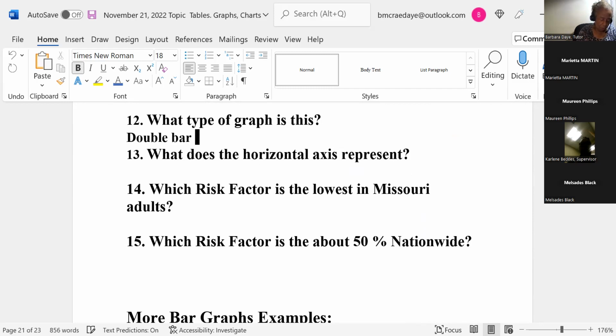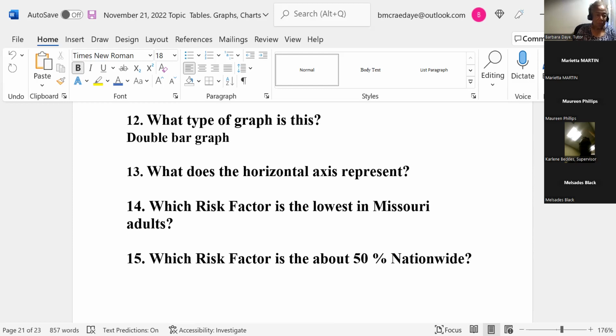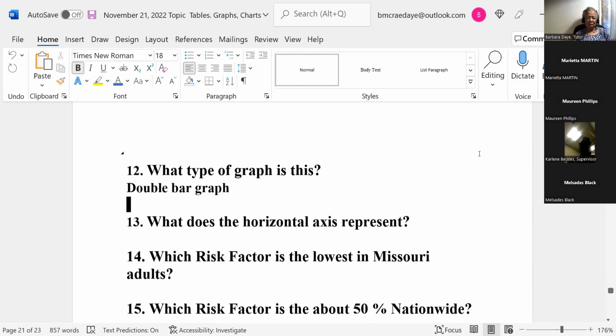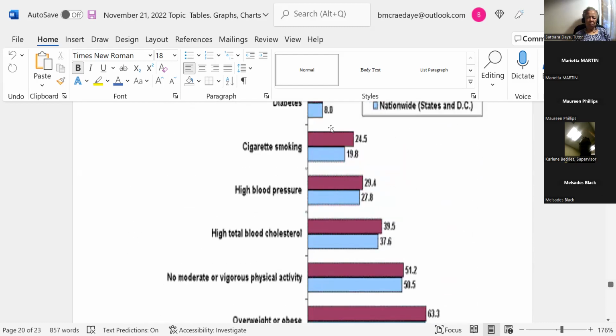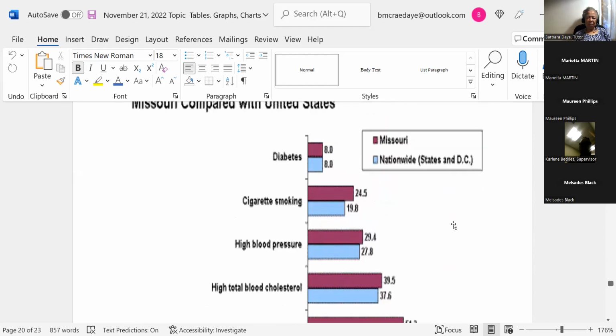Is that when both of them have the same number or near? No, double bar graph means you have two bars. You're looking at the data for two bars versus one bar. Like with the foods and the calories, that was one bar.